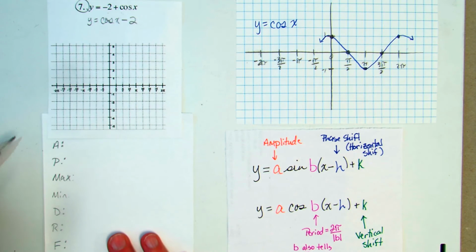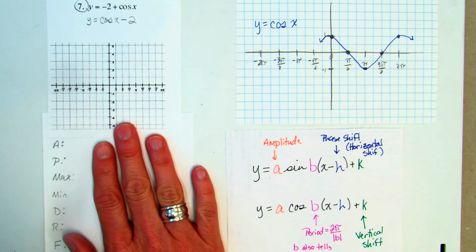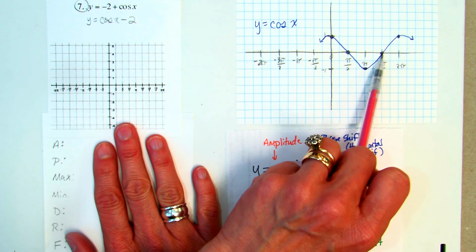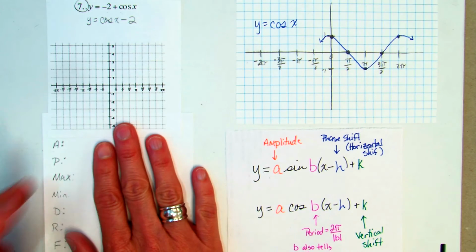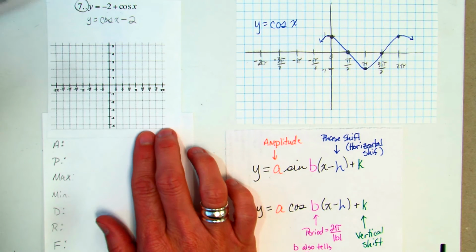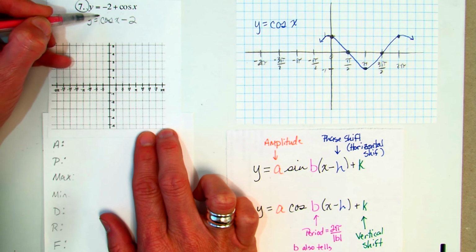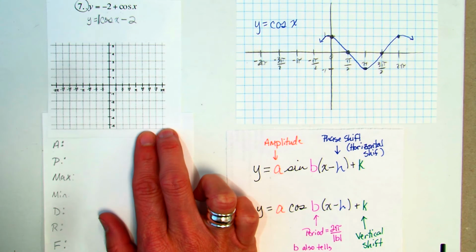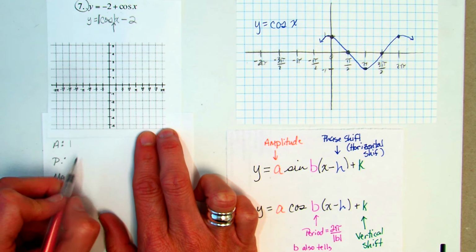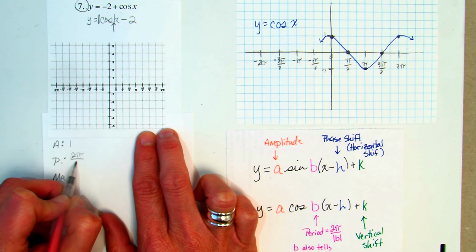Well, let's look at the amplitude. Keeping in your mind that this is going to start up at 1, go 0, go -1, back up to 0, back up to 1 when I get finished graphing. All right, so my cosine curve, the amplitude, there's not a number in front of my cosine, so it's 1, so the amplitude's 1. The period comes from this number in front of x. Well, it's also a 1, so 2 pi divided by 1 is 2 pi.